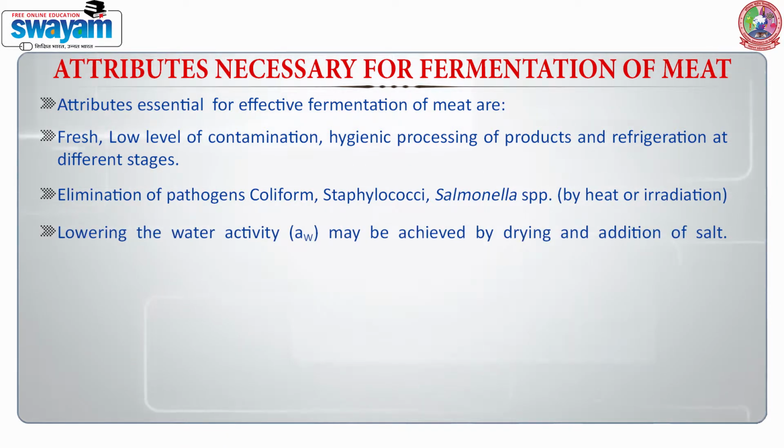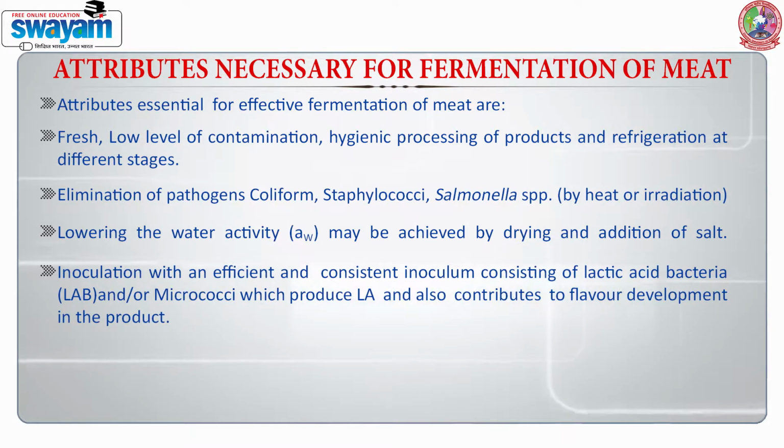There is need to lower the water activity and this can be achieved by either drying or addition of salts. Inoculation with an efficient inoculum consisting of lactic acid bacteria and or micrococci, which produces lactic acid, also contributes to the flavor development of the product.